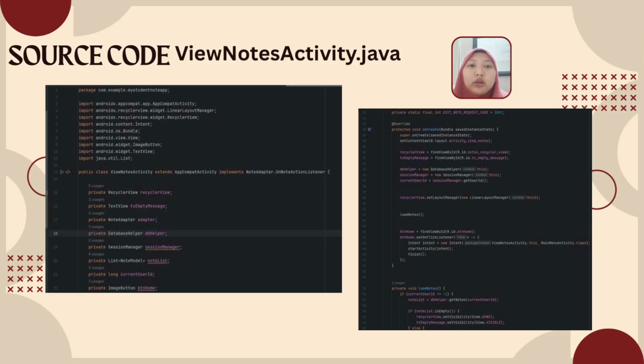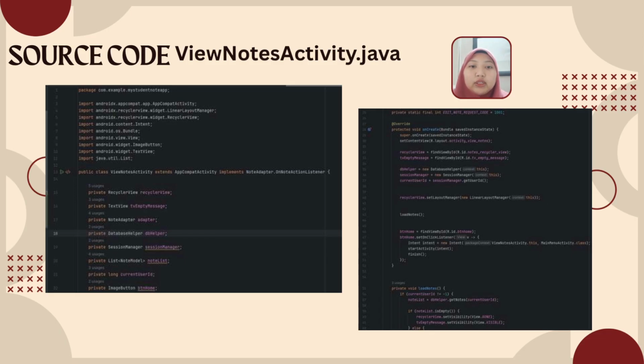In the onCreate method, which you can see on the right, we set up the RecyclerView with a LinearLayoutManager to display notes in a vertical list. The heart of this screen is the loadNotes method. This is where the magic happens when the activity needs to display the data. loadNotes is responsible for fetching the list of notes from our database using the dbHelper.getNotes method. It checks the resulting list.